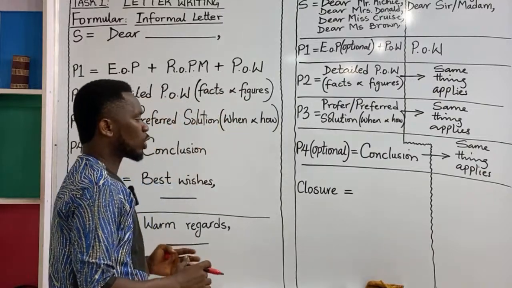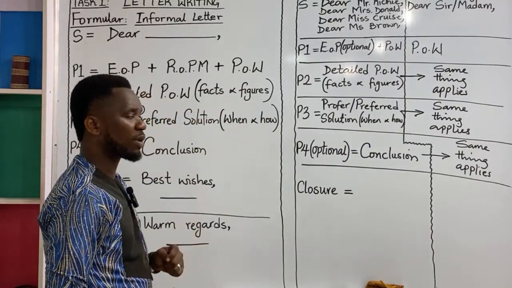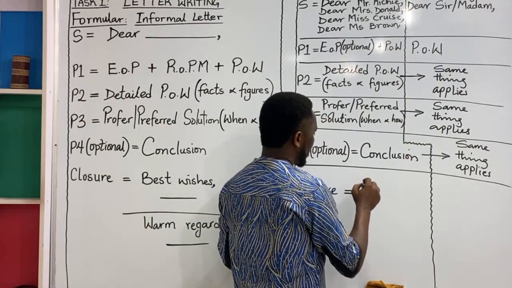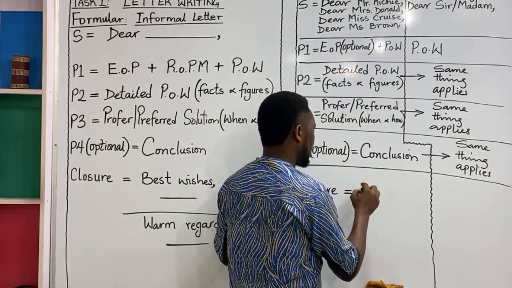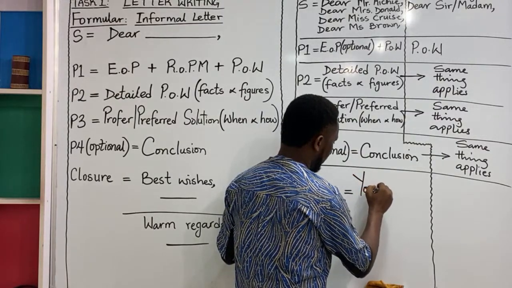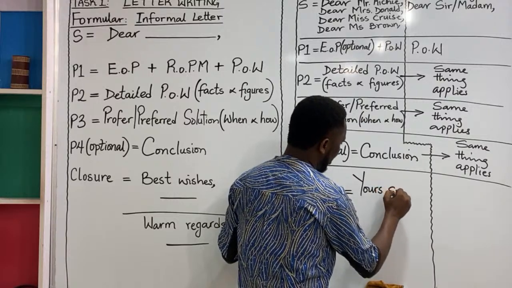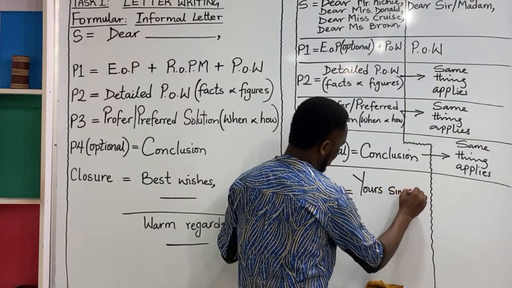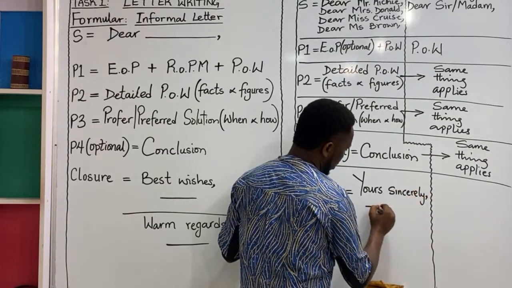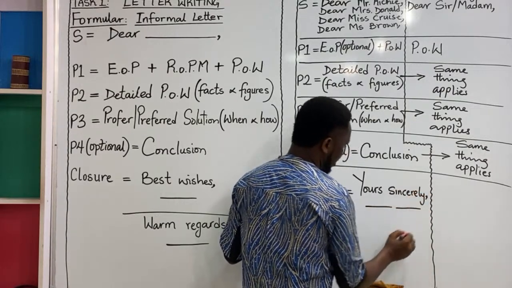Now let's look at the closure for your semi-formal letter. The closure for your semi-formal letter is best done using this format. Yours sincerely, then comma, your first and last name.